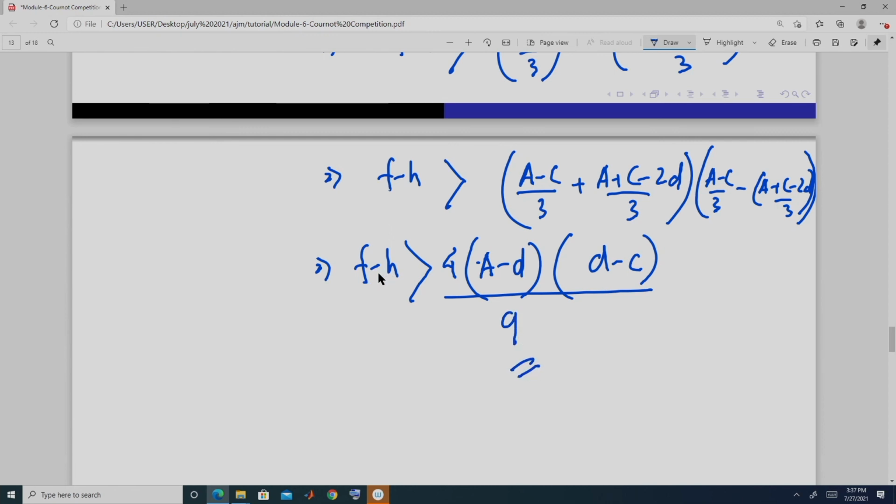So, we know f is greater than h, but the difference should be greater than this.